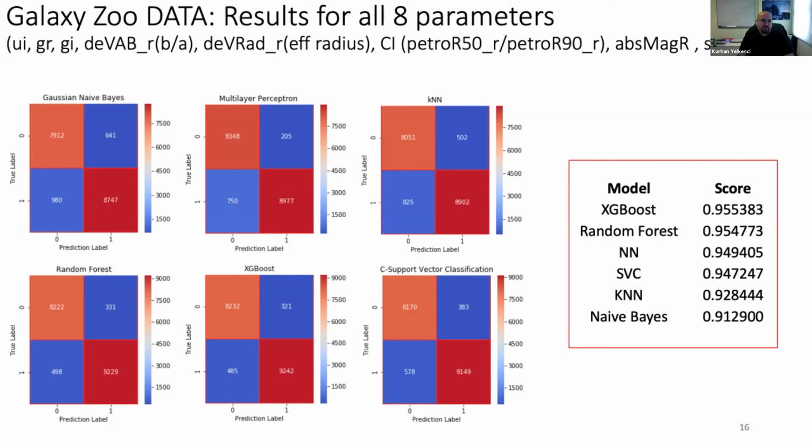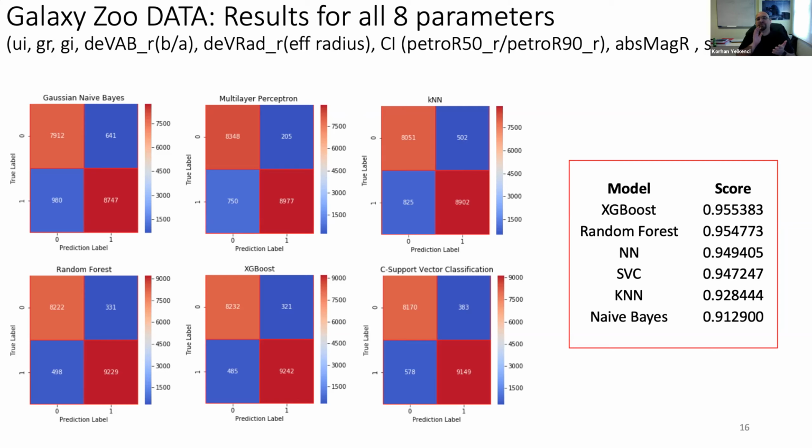Let's first look at Galaxy Zoo data. If we run 6 machine learning algorithms, we have 95% accuracy for the XGBoost algorithm. For random forest, 95, and so on. And if we see the confusion matrices, it is the prediction label and true label.